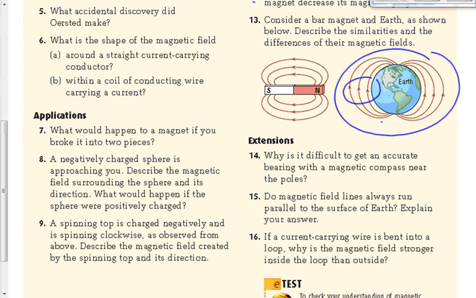But up here, they're not even close. They're pretty much perpendicular to the Earth's surface at the poles. And somewhere in the northern and southern reaches of the Earth, it's going to be somewhere in between parallel and perpendicular. But the bottom line is no, they're not always parallel to the Earth's surface. My explanation would be: see the diagram. Clearly, some of the lines are not parallel to the Earth's surface. Some of them are almost perpendicular.